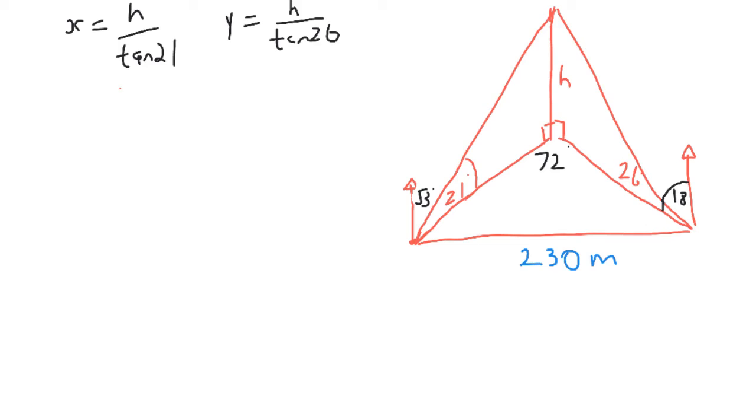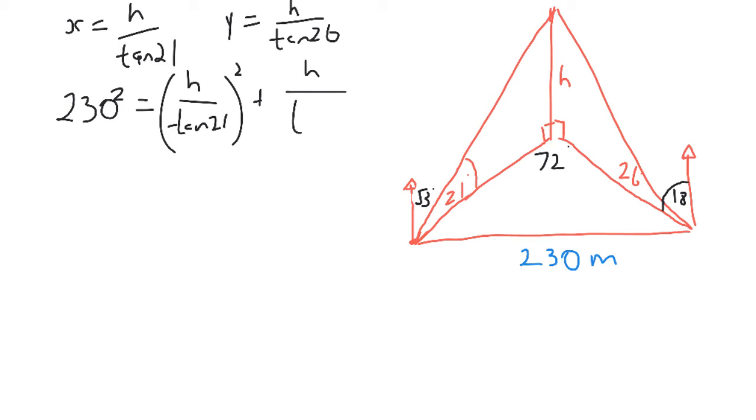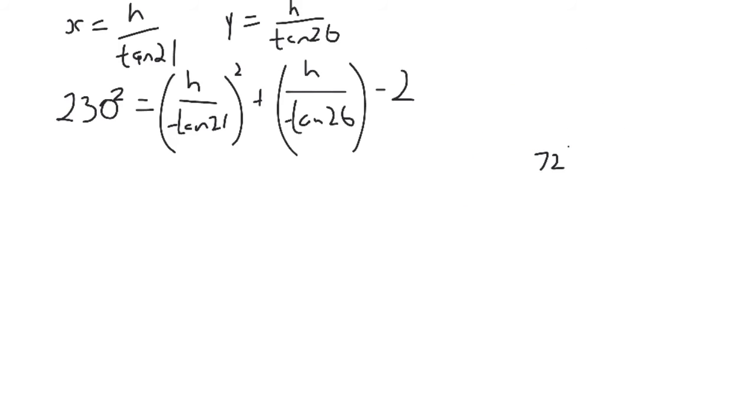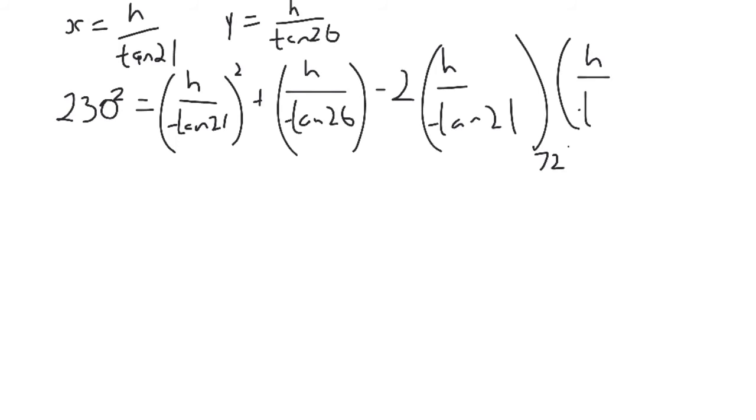So we're going to say that 230 squared equals (h over tan 21) squared plus (h over tan 26) squared minus 2 times h over tan 21 times h over tan 26 times cosine of 72.